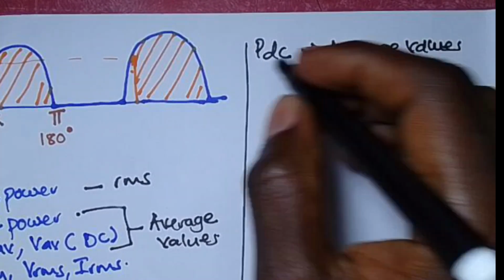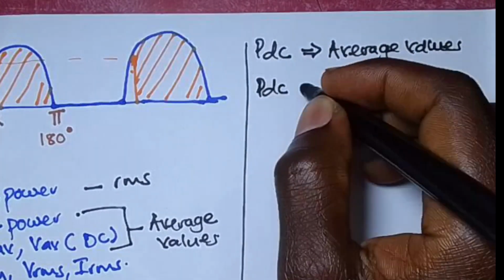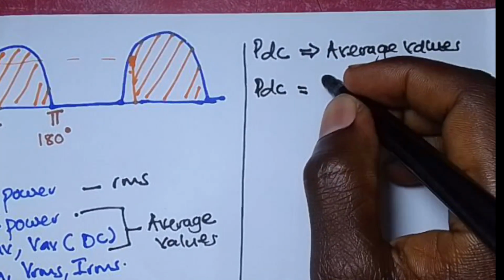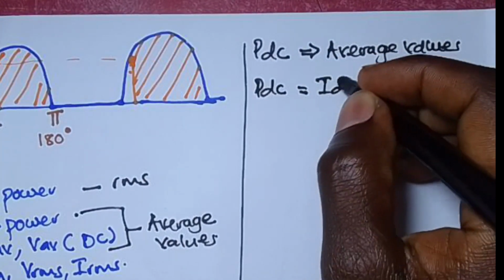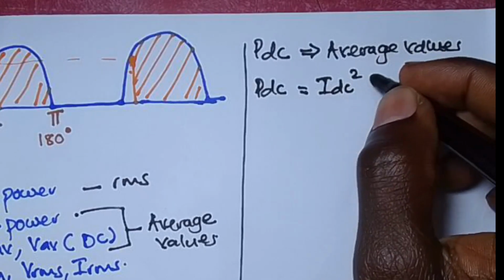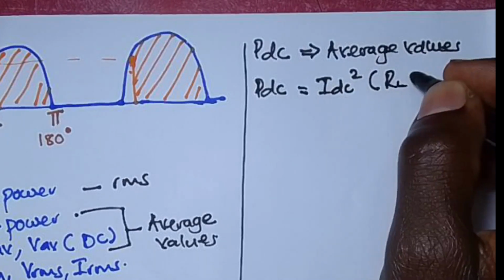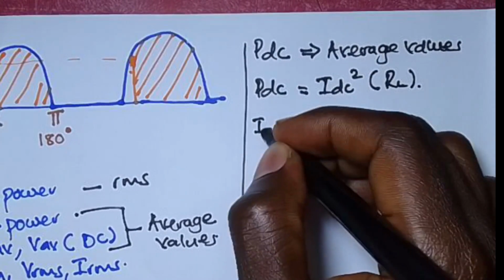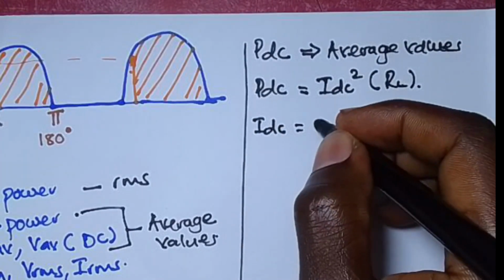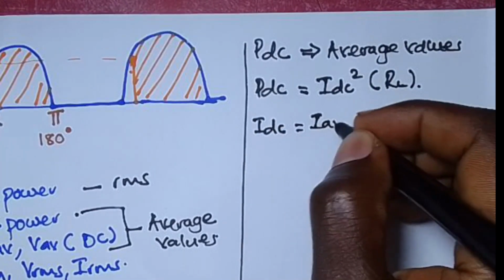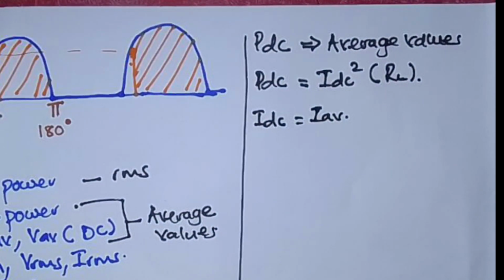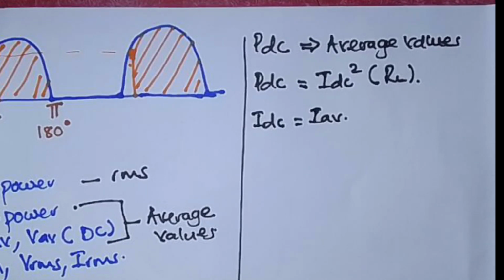So that means my PDC is going to be equal to I DC squared times our load resistance. But IDC is equal to I average. I don't know if that is clear. So if IDC is equal to I average, what does that mean?